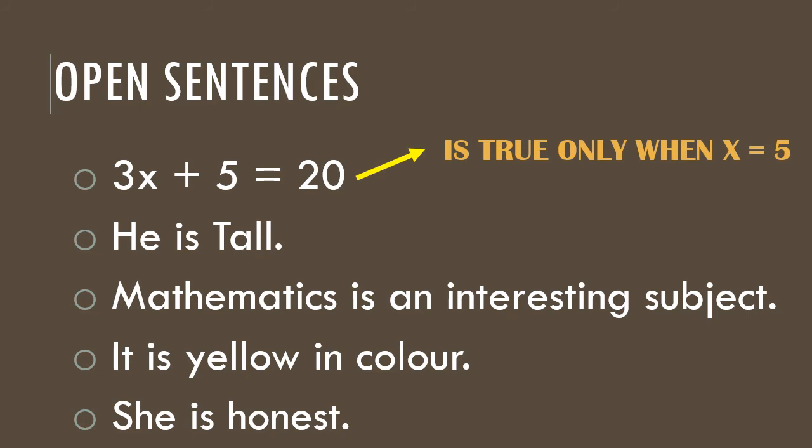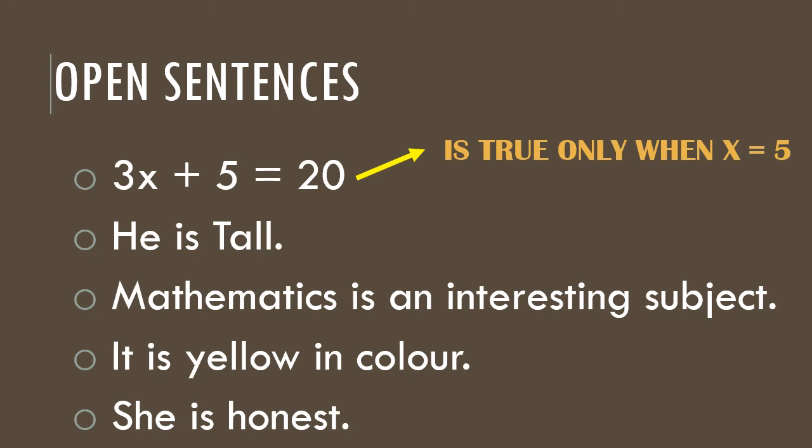Now the next 4 examples. He is tall. Again, the truth value changes from person to person. Next, mathematics is an interesting subject. Again, for some, mathematics is not interesting. So for some it is true and for some it is false. It is not fixed. Again, it is yellow in color. She is honest.